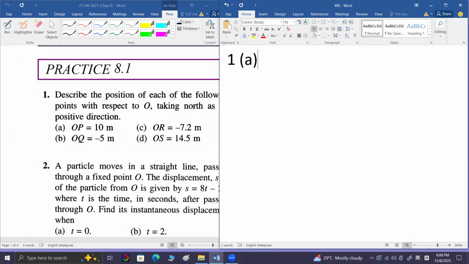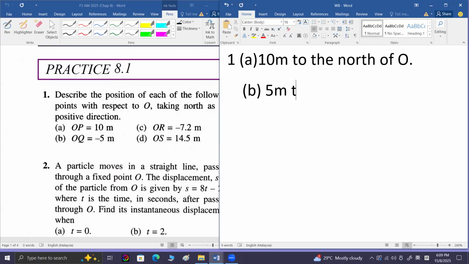Okay, so it said 10 meter to the north of O, because you're asked to assume starting from O. Okay, next, what about B? B, okay, can you see with the negative, right? So if negative, you don't write negative, you just say that 5 meter.